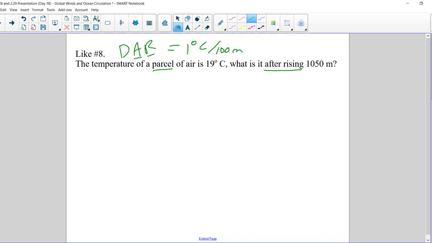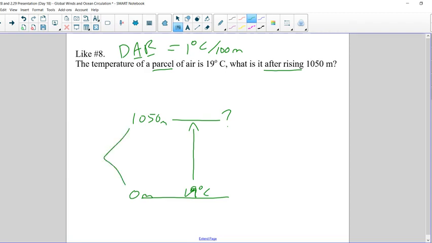So the temperature was 19 degrees Celsius, that's a 19, down here, and then the air rose up, and when it gets to 1,050 meters, and we're going to assume it started at 0 meters, then it's saying, well, what's the temperature going to be here? For this one, it's pretty easy to see the change in elevation.